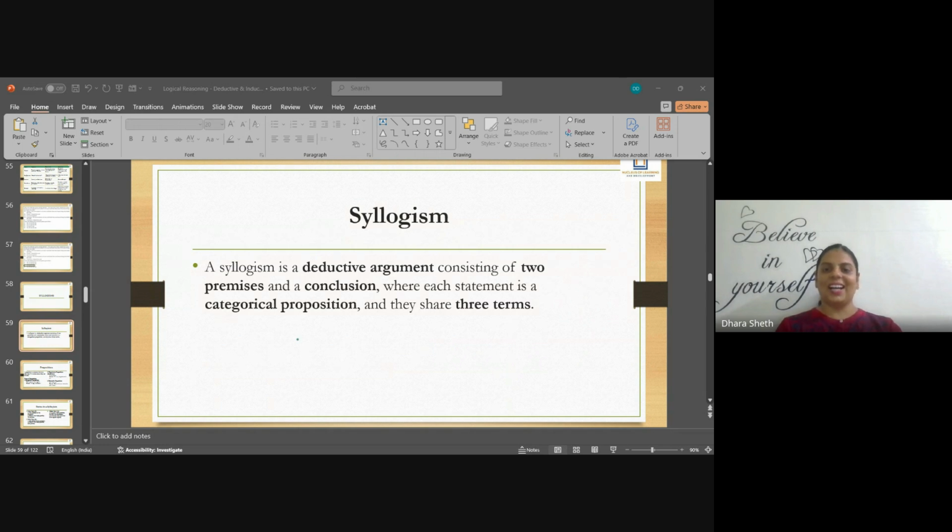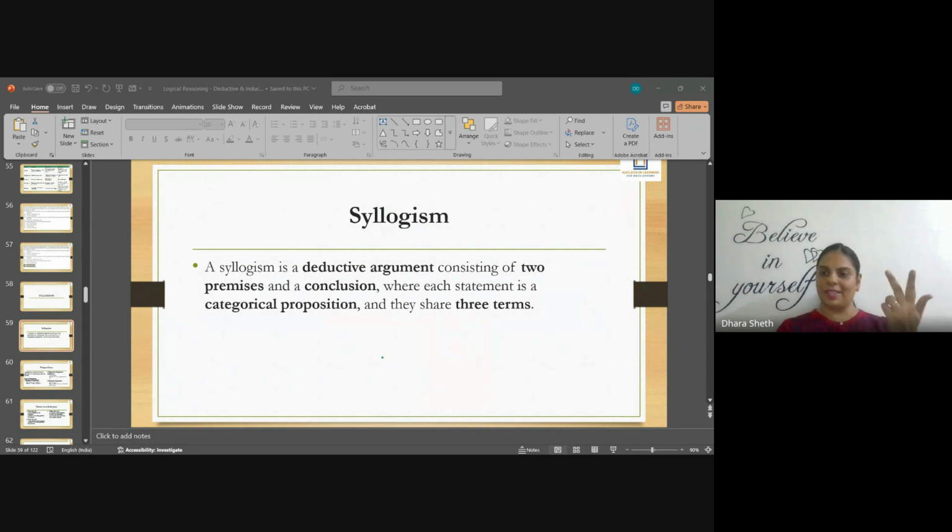Okay, so for now, syllogism is a deductive argument consisting of 2 premises and 1 conclusion, where each statement is a categorical proposition and they share 3 terms. You know what a deductive argument is?